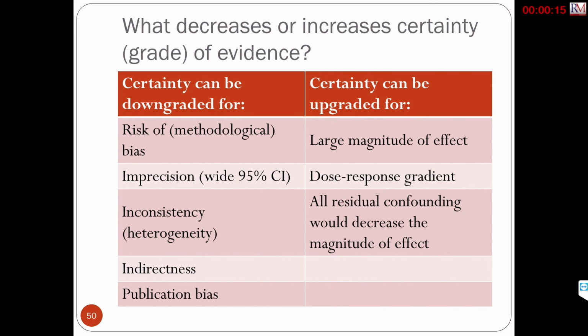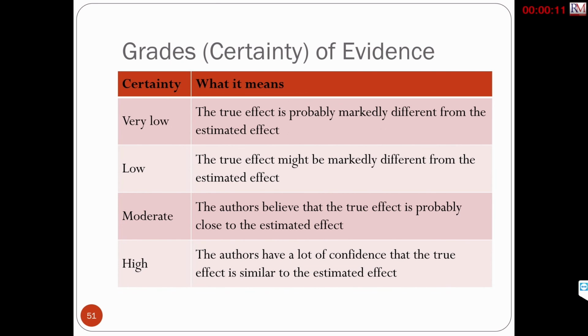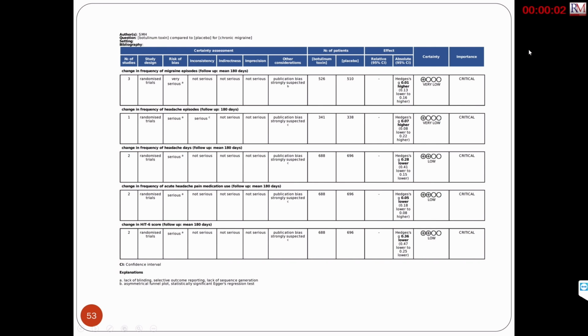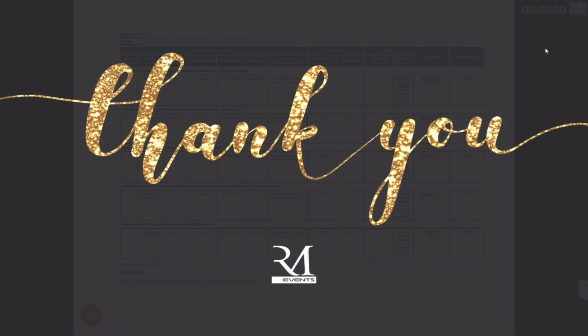After meta-analysis, we have to evaluate the overall level of evidence. Is it high or low or moderate according to this scale or grading system? This is the GRADE system. Here, 1 minute.